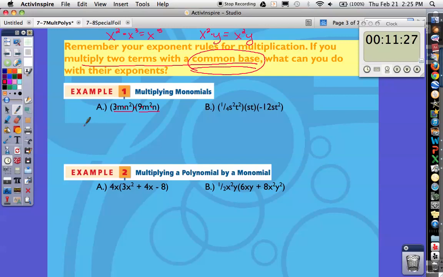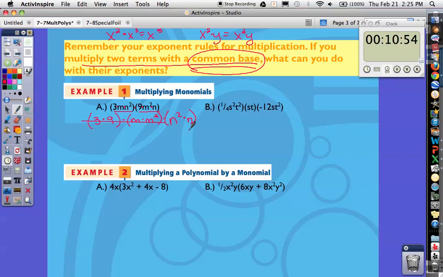We can use the commutative and associative properties to reorder this multiplication problem. I'm going to regroup it. I'm just going to do 3 times the 9 times, don't add any plus or minus signs in there, keep it all multiplication, m times the m squared, so I'm grouping the terms that I like to do together, times the n squared times n.